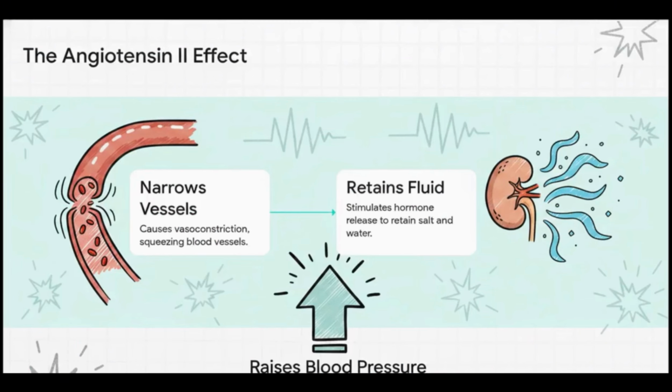It actually does this in two ways. The first is by narrowing the blood vessels through that squeezing effect. The second is by stimulating hormones that tell the kidneys to retain salt and water, which raises fluid volume and increases blood pressure. The more fluid in the pipe, the higher the pressure.